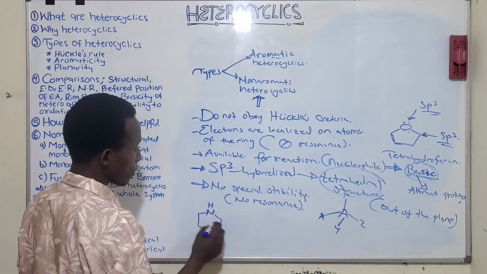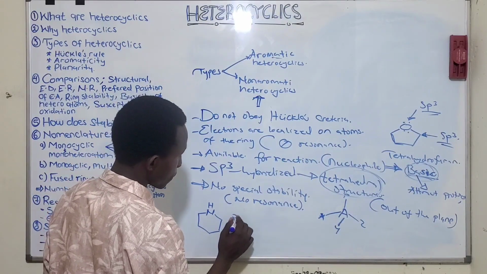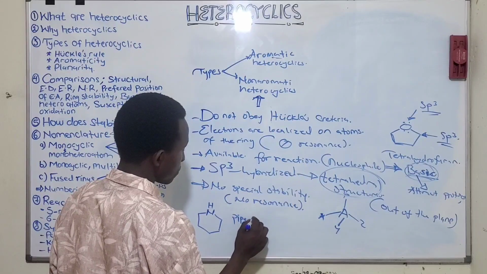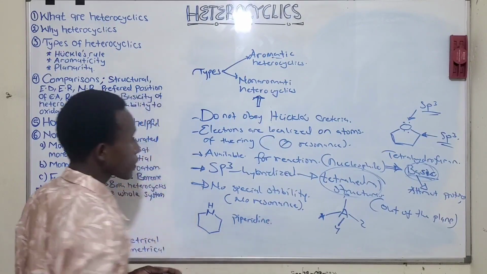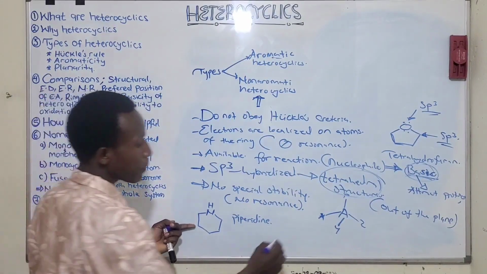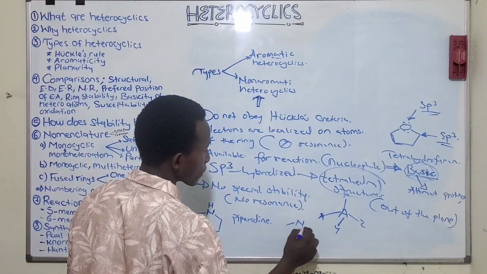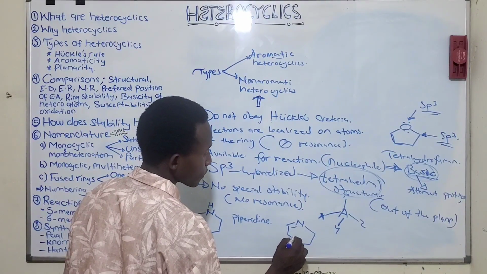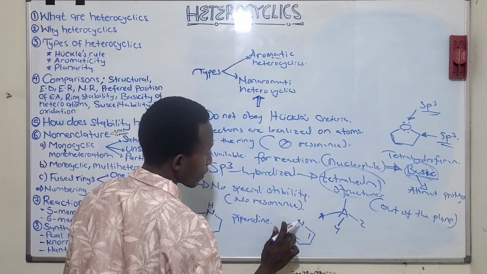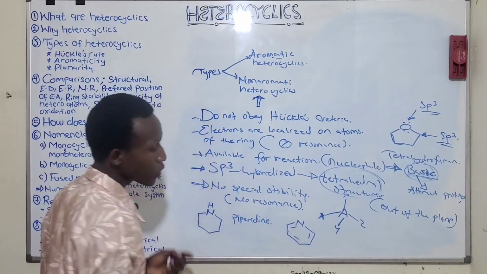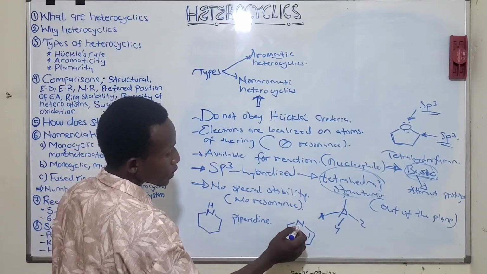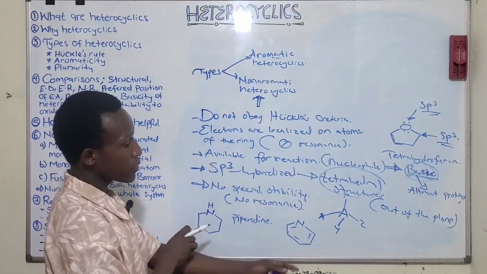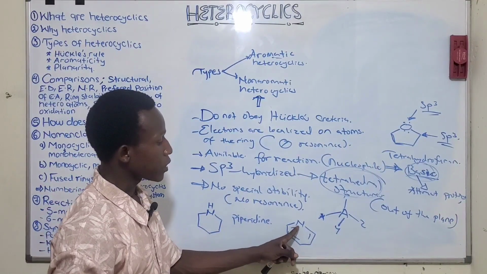Another example, this structure. This is pyridine. It is non-aromatic, but pyridine is aromatic. This one is aromatic because one of its electrons is participating in resonance.